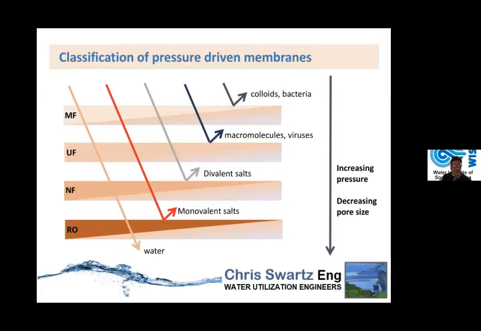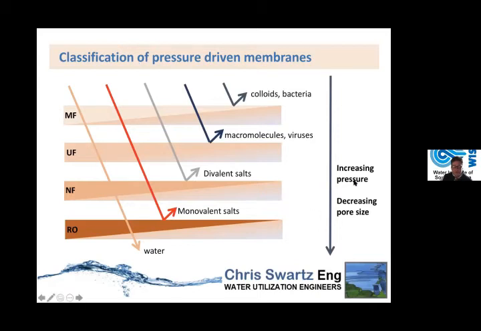With nanofiltration, you can reject your divalent salts, in other words, your calcium, magnesium, and so on. That's why they often call nanofiltration your softening membrane as well. And then reverse osmosis basically only lets water through. It even keeps out your monovalent salts like chloride, sodium, etc.